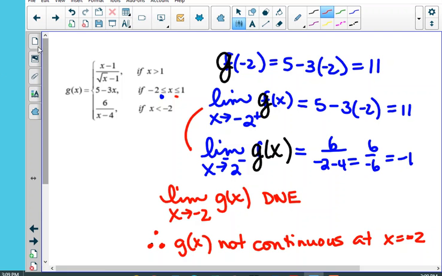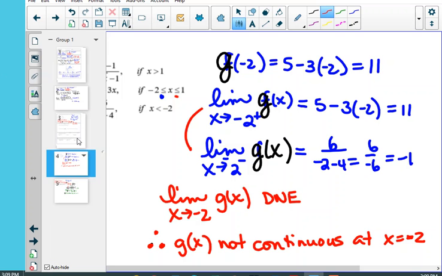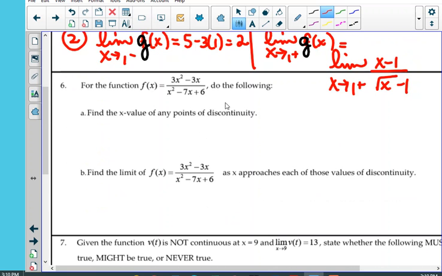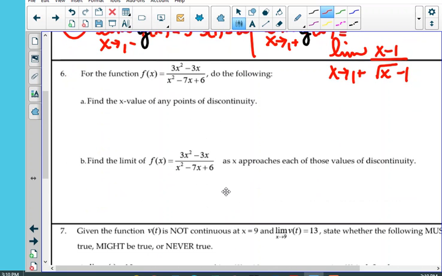We have worked our way through both proofs. Let's see what else we've got on this page. Find points of discontinuity, find the limits. Okay, so discontinuities, things that create discontinuities: holes, vertical asymptotes. So let's look at this function and maybe do a little factoring.